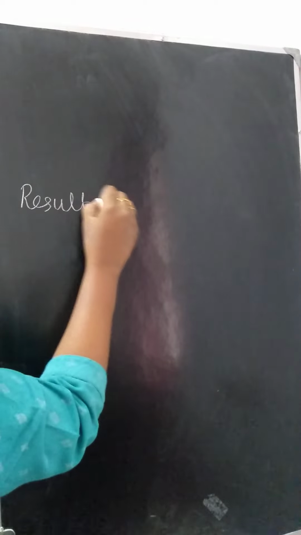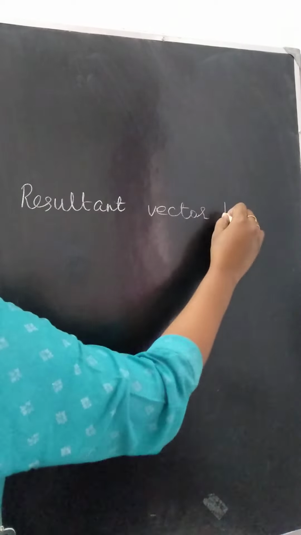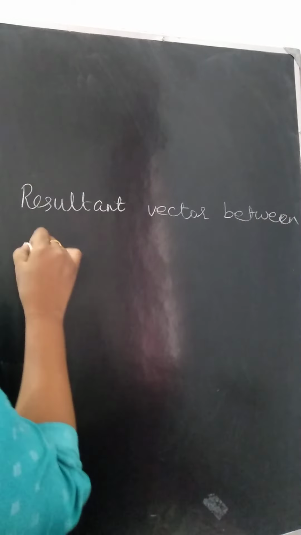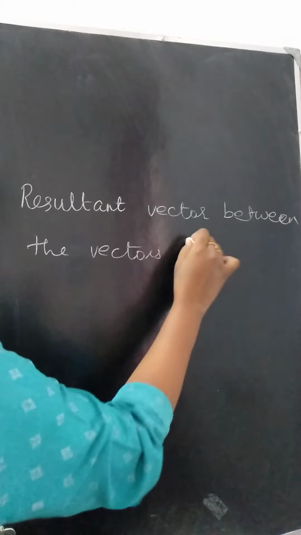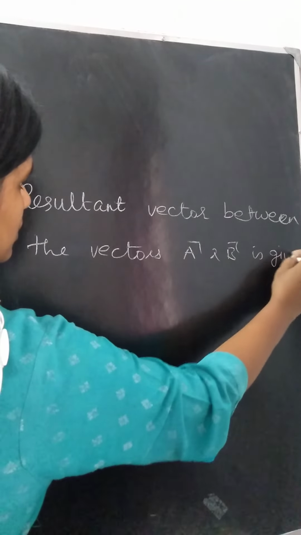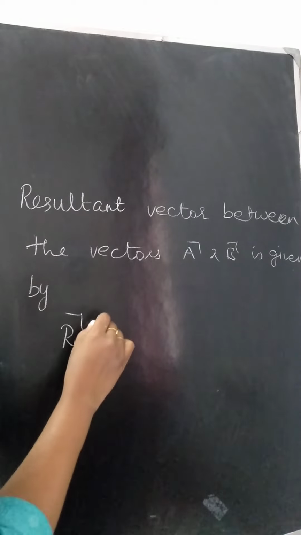While doing the vector addition method, we should remember what the resultant force is. What is the resultant force between the two vectors? Just make a note very carefully. This is very, very important. The resultant vector between the vectors A vector and B vector is given by the modulus of the resultant vector.